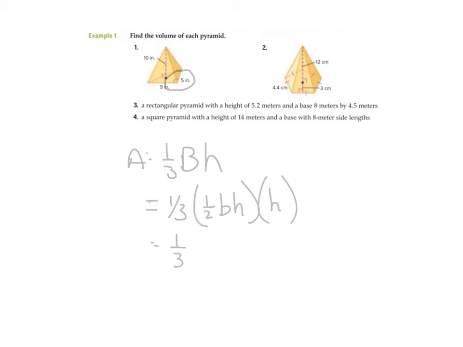It's 1/3, and all these are actually multiplying, so if you think about it, it's 1/2 times the area of the base. Well, that's 5 times 9, and then the perpendicular height is 10, and if you plug all that into your calculator, you will get 75 inches. Inches is the units, and don't forget it's inches cubed.